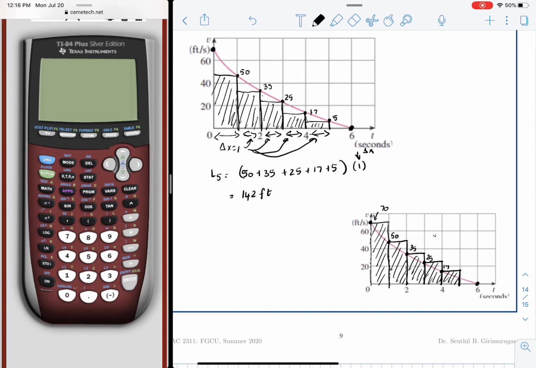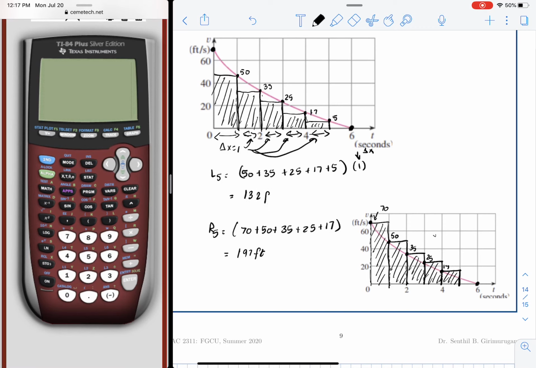We have 5 rectangles, so R5. Length times width. The width is just 1 in this problem, so we could simply do 70 plus 50 plus 35 plus 25 plus 17. That would give us 120, 155, 160, 180 and 197 feet, and 85 and 10, 127, 132.